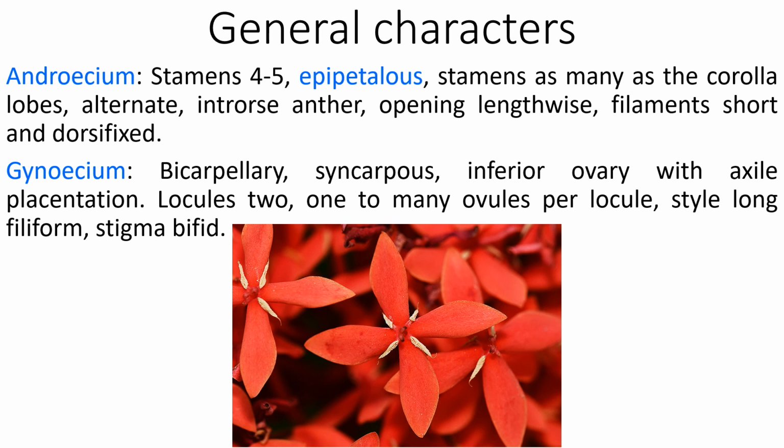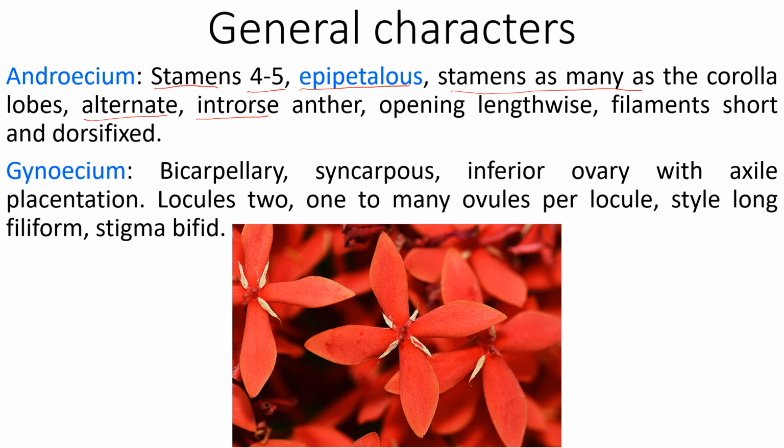Then the next characteristic is androecium. The member is stamen, which are 4 to 5 in number, either 4, 4, 4, that is calyx, corolla, and androecium, or 5, 5, 5, respectively. The condition is epipetalous. Stamens are as many as the corolla lobes. They are alternate. Then introrse means the line of dehiscence is facing towards the inner side.